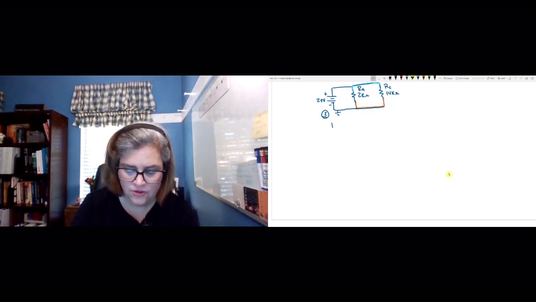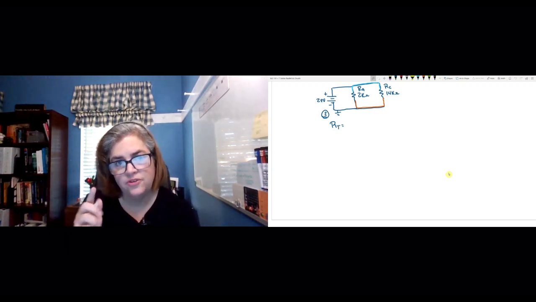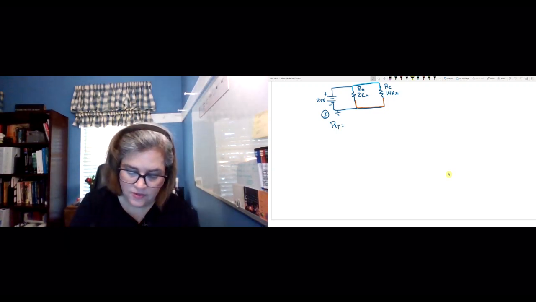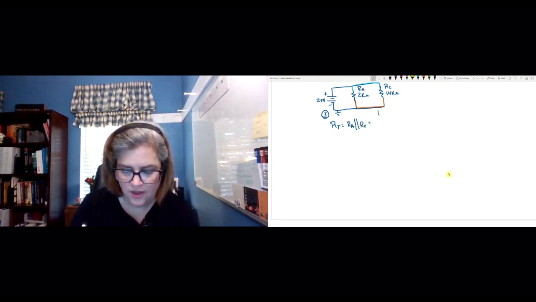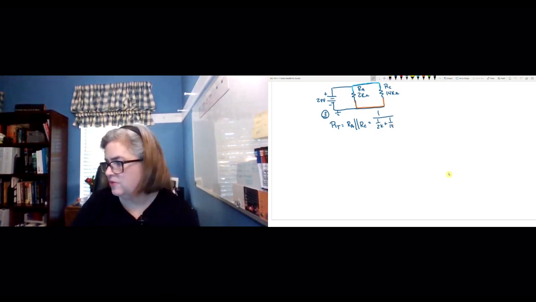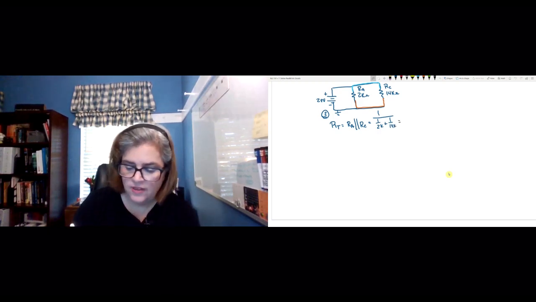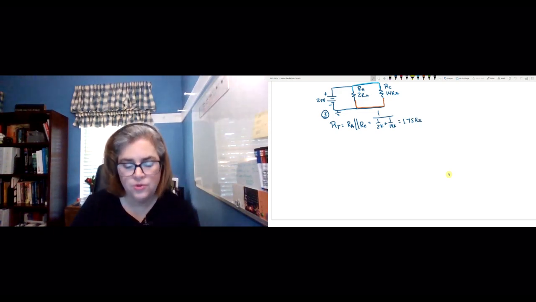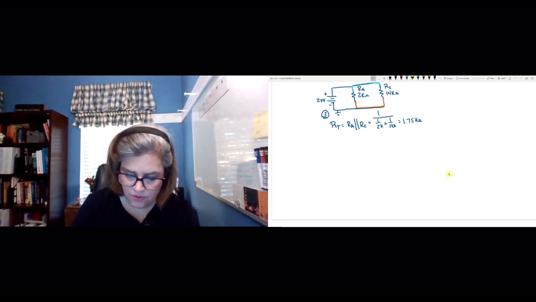So my total resistance for my circuit, now that I'm down to just one resistance, is RA in parallel with RC. So I'm going to calculate the total resistance there, and I find that I've got 1.75 kilo ohms of total resistance. So I'm going to draw my circuit one more time to show that.